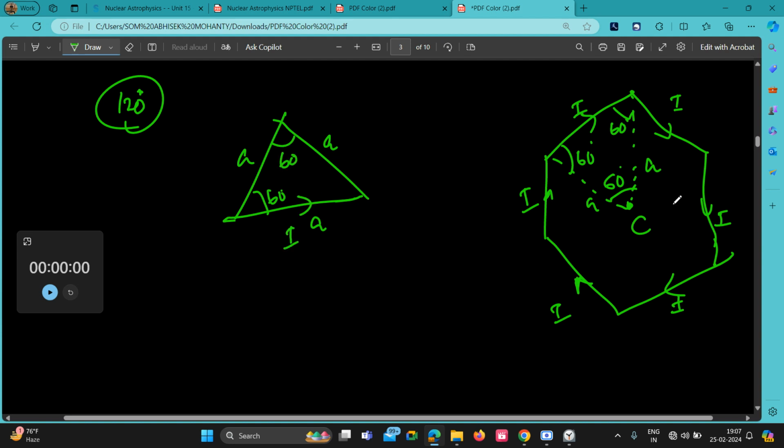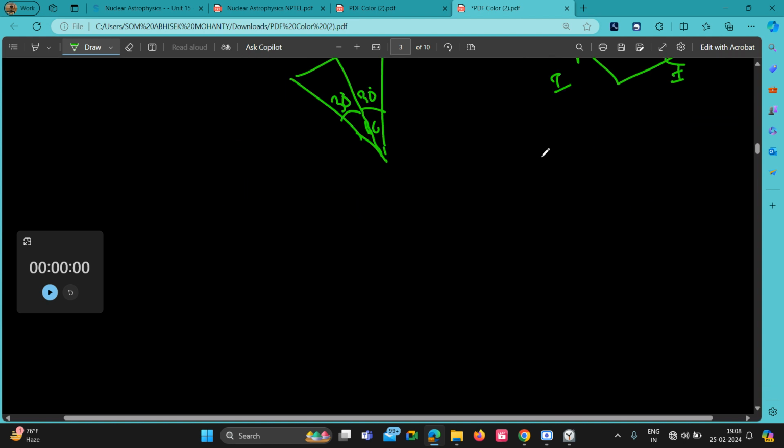And current I is moving here. So if this is 60 degrees, if I divide it in the middle, that will be 30. We know how to get a magnetic field. This is your 30, this is your 30.